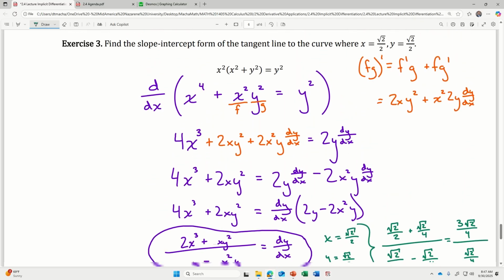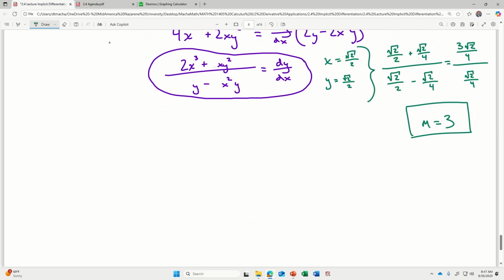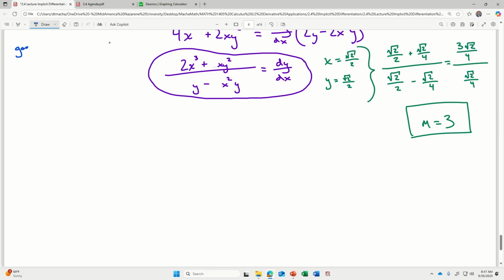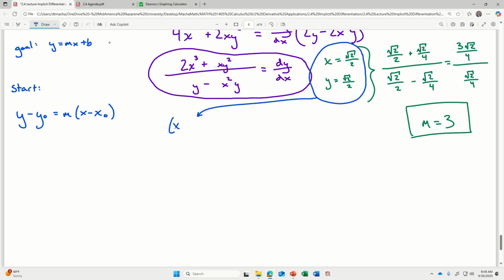We need the slope-intercept form of the tangent line. And to start off, even though my goal here is the slope-intercept form, I'm still going to start with the point-slope form. Well, what should my x and y values be? I could use these for the point. These are going to be my x and y values that I use here. And then for the slope, I've got my slope.